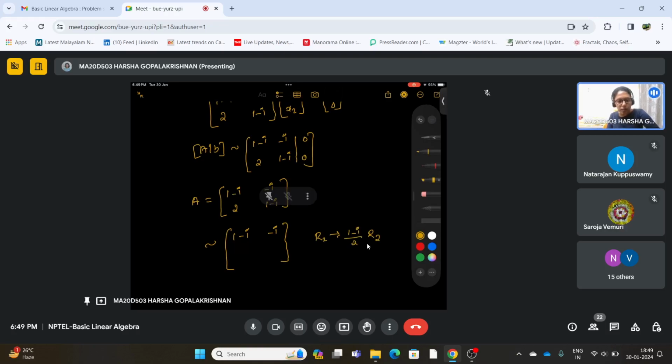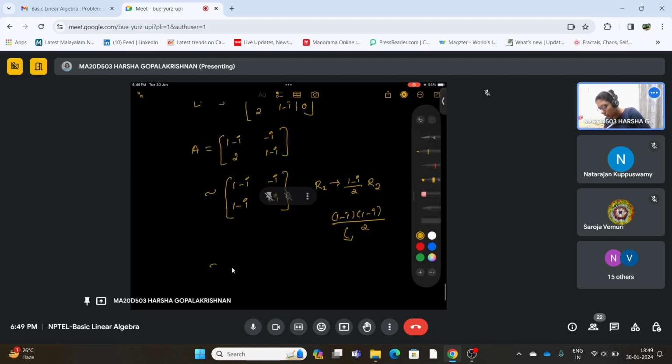The second row is multiplied with the constant (1 minus i) by 2. 2 into (1 minus i) by 2 gives 1 minus i. Here also we should do the calculation, that is (1 minus i) into (1 minus i) by 2. You can do the calculation here, and what we obtain is minus i. So we are obtaining the second row exactly the same as the first row.